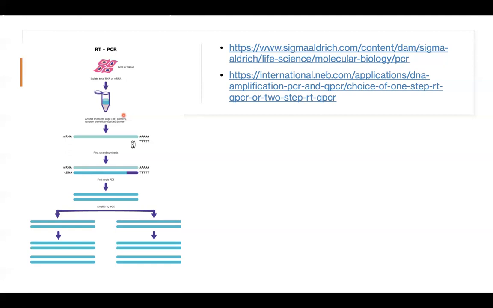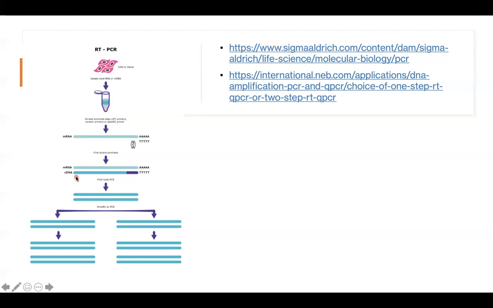Okay? So it means isolation of mRNA somehow determines if na-transcribe yung gene. Okay? Therefore, we need to isolate total mRNA or RNA, and after isolating total RNA, we need to convert that into DNA.